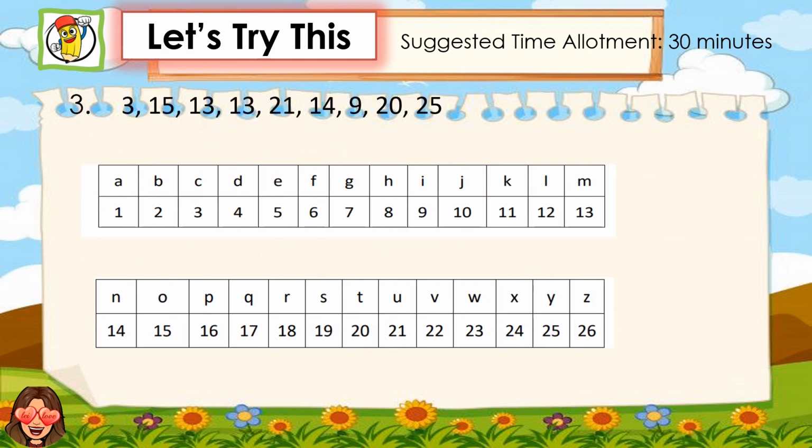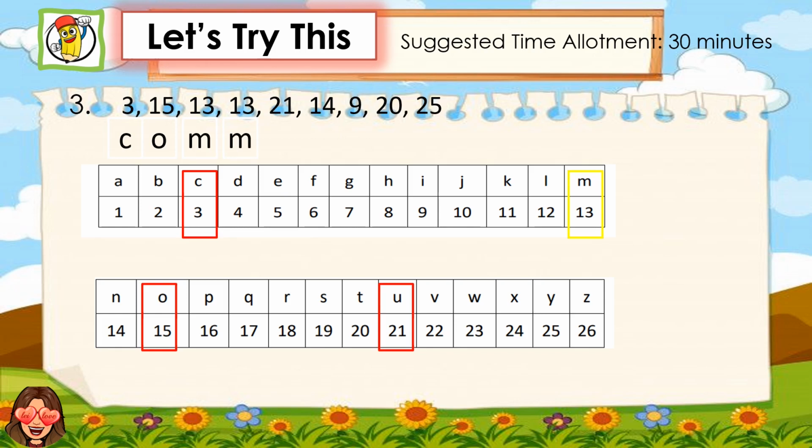Next, for number 3, we have 3, 15, 13, 13, 21, 14, 9, 20, and 25. Let's take a look at number 3. It's letter C. How about for number 15? Yes, that's letter O. Then we have 13. It's letter M. And another 13. That's letter M. How about for number 21?